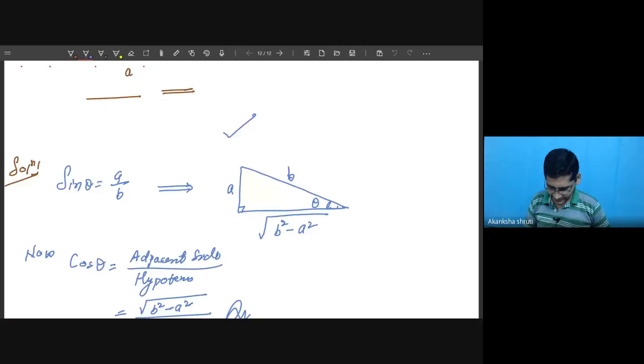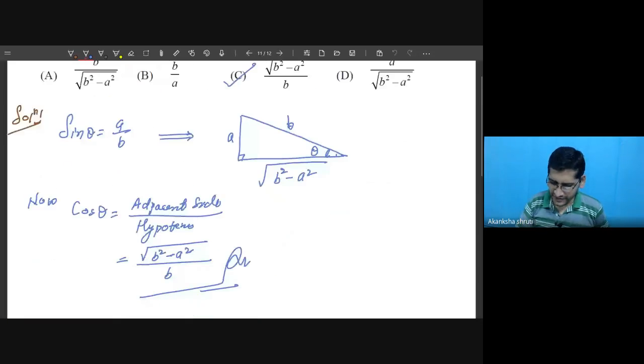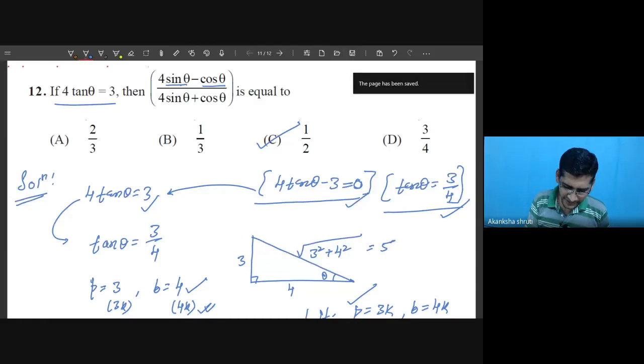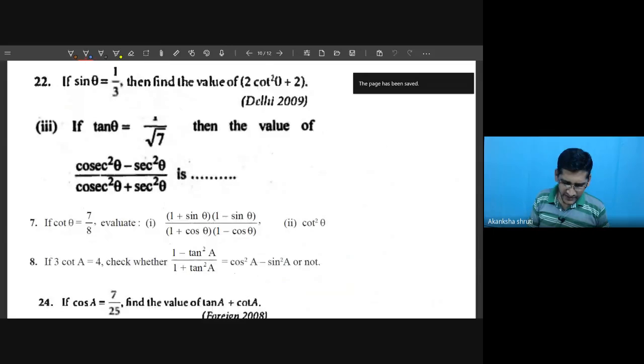Student, this was an MCQ question. So I think you will get the result. It is the third option. Now let me go for the other. The same is also true for this one.